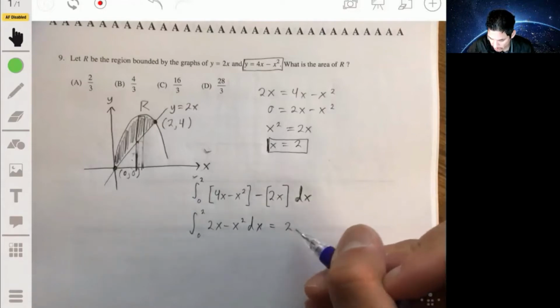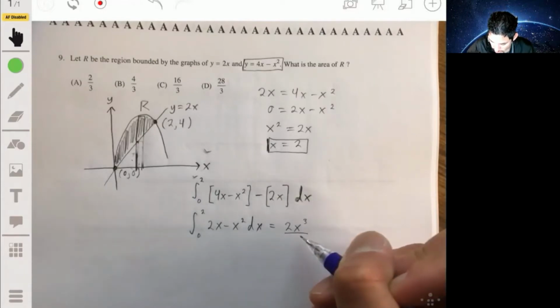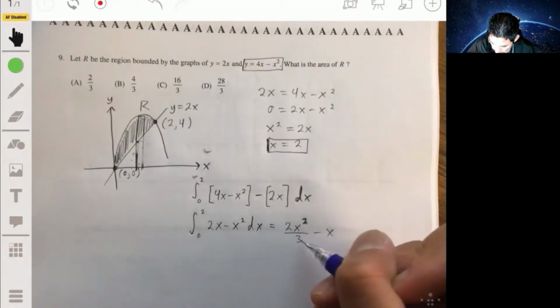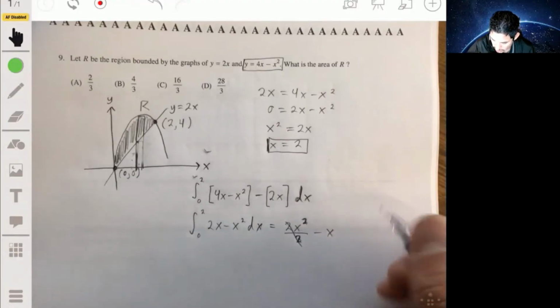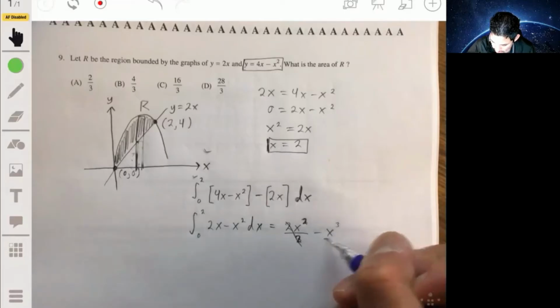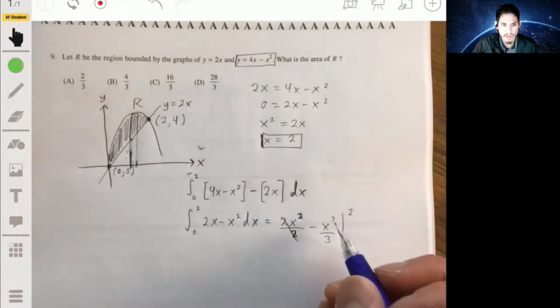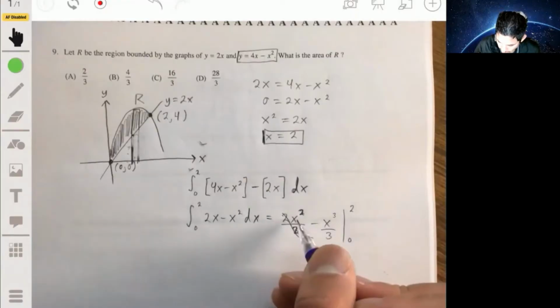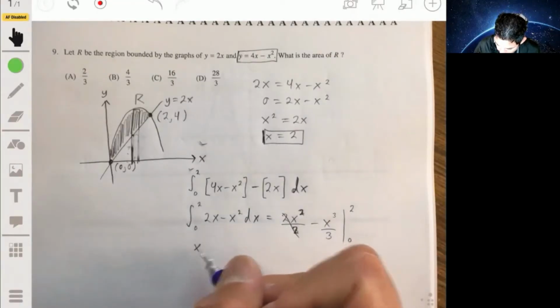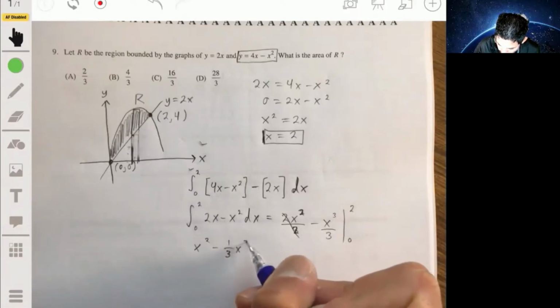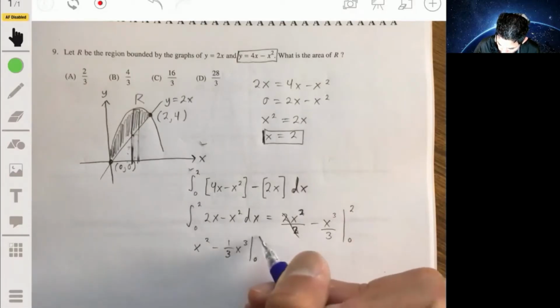Then from here, we integrate. We get 2x to the third over 3, or no, sorry, 2x squared over 2. Those 2s cancel. Minus x to the third over 3, and we're going to integrate from 0 to 2. So we're going to have simply x squared minus 1/3 x cubed from 0 to 2.